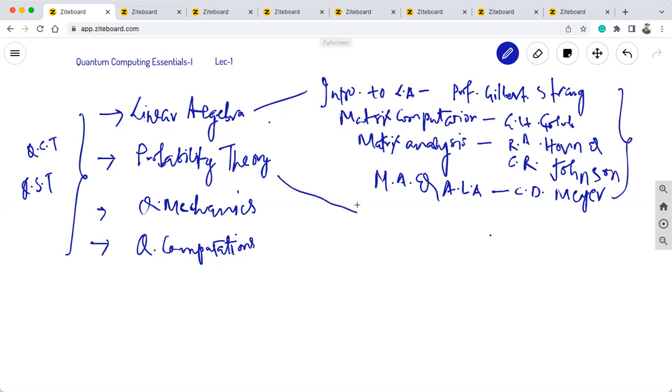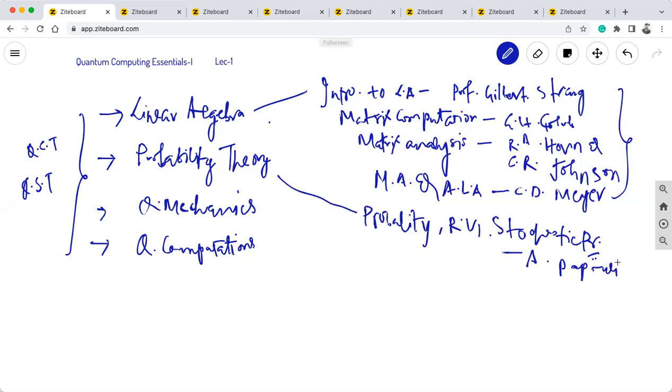For probability theory, there are very fundamental books. The first one is Probability, Random Variables and Stochastic Processes by A. Papoulis.